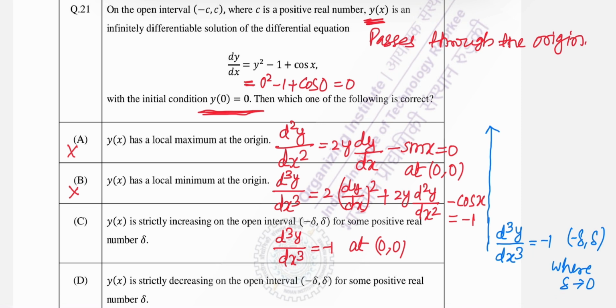Okay, this means that I am taking a very infinitesimally small interval. And in this interval I will find the second order derivative, first order derivative, and we will find the approximate value of the graph y(x).